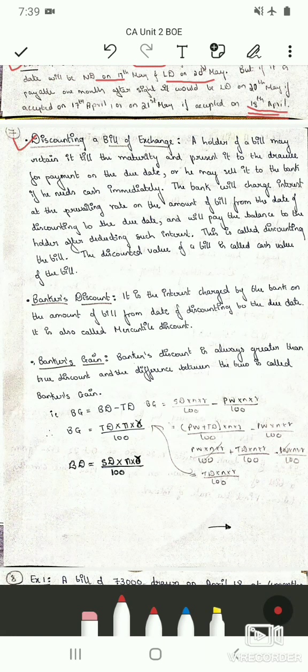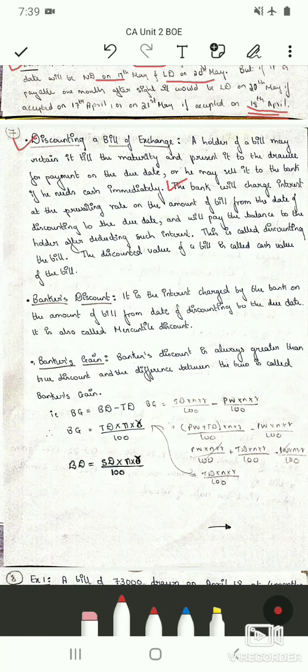Or else, if he is in need of cash immediately, he may sell it to a banker he knows. The bank will charge interest at the prevailing rate on the amount of the bill from the date of discounting to the due date.